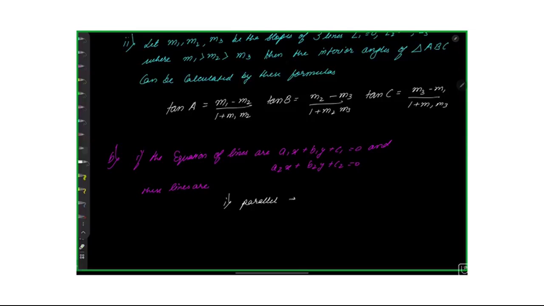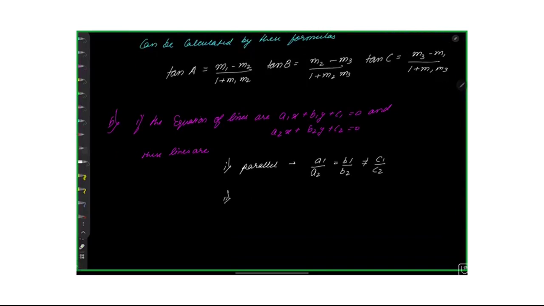Slope is nothing but minus coefficient of x upon coefficient of y. So minus a1 by b1 should be equal to minus a2 by b2. If we cancel out the minus, it gives a1 by a2 equals b1 by b2. It should not be equal to c1 by c2, because if c1 by c2 is also equal, then they are exactly the same lines. So for them to be different lines, one thing should be different, and it can't be slope because they're parallel, so the only thing which can be different is the intercept.